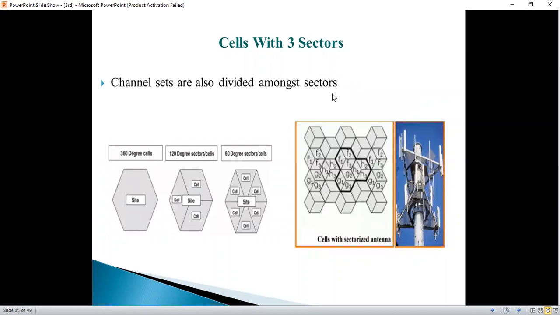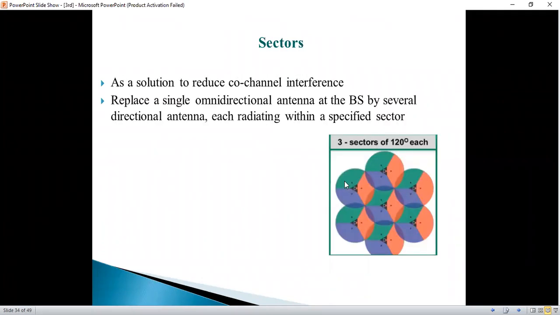Ma'am, is there any effect on frequency? There is no effect on frequency. If you remember, we have different frequencies in different cells. Now we will have different frequencies in different sectors. We cannot say there are 3 frequencies or 7 frequencies; we cannot measure frequency in terms of values like that.